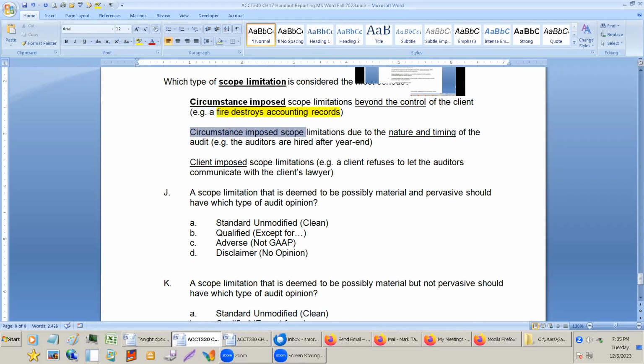We used to just call this the circumstance imposed, but there's a circumstance imposed due to the nature and timing of the audit. So this is, for instance, if they have the audit done after year end. So these are both circumstance imposed, and both of these are beyond the control of the client. They can't jump in the time machine and go back.